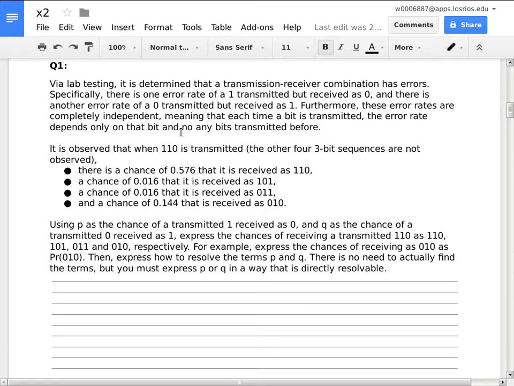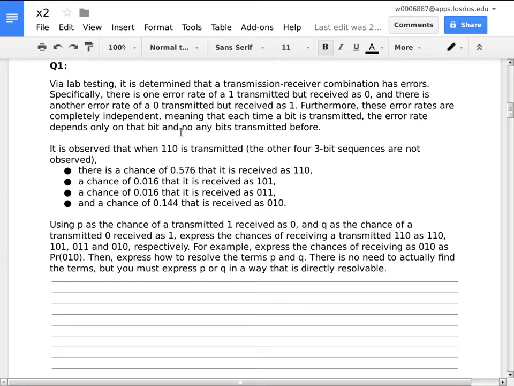So I only observe these 4. There's a chance of 0.576 that it is received as 110, which means it's received correctly. A chance of 0.016 that it is received as 101. A chance of 0.016 that is received as 011, and a chance of 0.144 that it is received as 010.